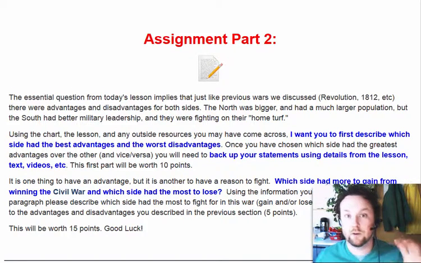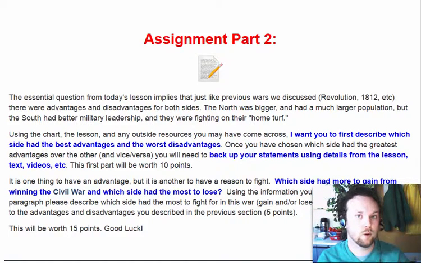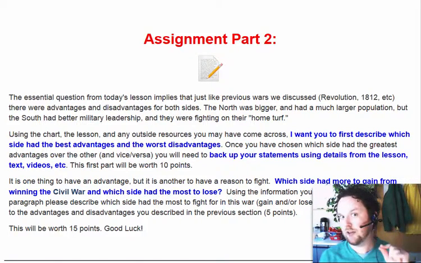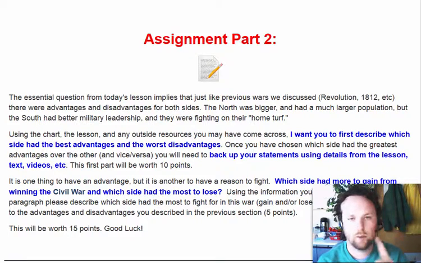So if you feel that the South had the best advantages towards the North's disadvantages, I want you to back up your statements using details from the text, videos, lesson, whatever. So if you decide that the South had the best advantages, tell me why. Or if you felt that the North's advantages were superior to the South, tell me why. This first part is going to be worth 10 points.